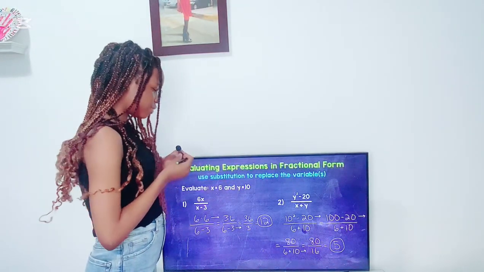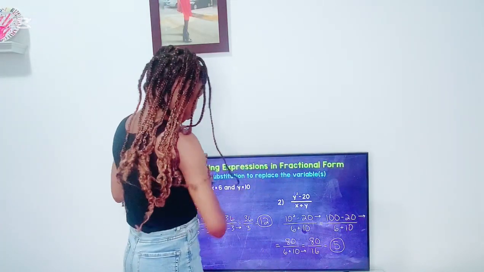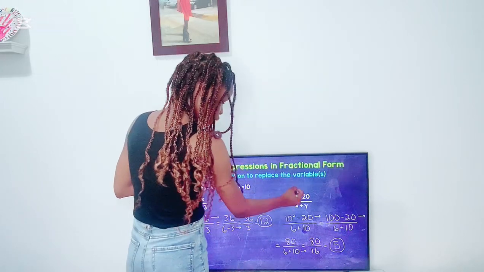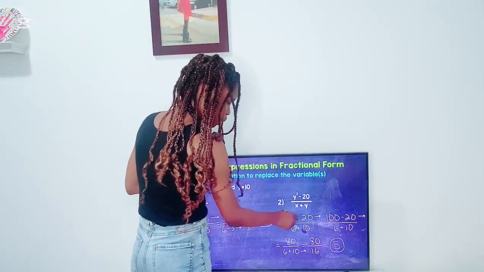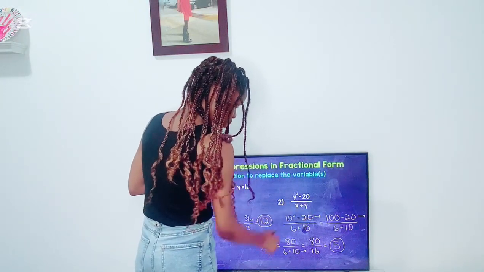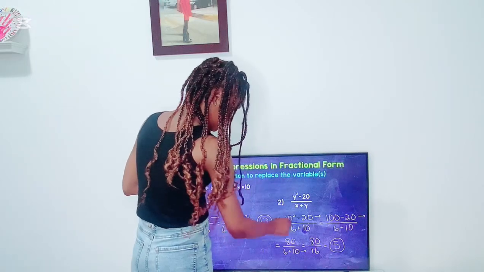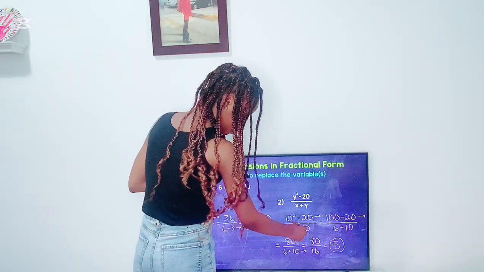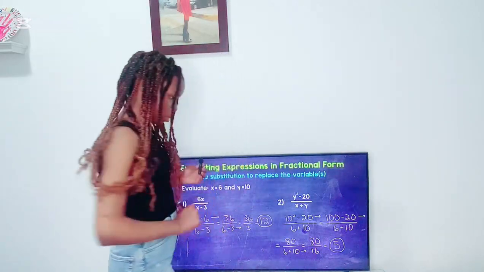So for y, since y is equal to 10, we're just going to write 10 raised to the power of 2 minus 20. And then for the bottom, x is equal to 6 plus y, so y is 10. 6 plus 10. So this is what we're going to write in this form.